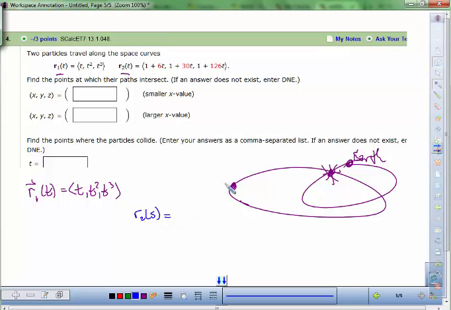This is similar to what we did with two lines intersecting. They actually gave you two different parameters for the two lines. Those two lines may not intersect at the same time, but they could intersect at some point somewhere. So the second particle is 1 plus 6s, 1 plus 30s, and 1 plus 126s.